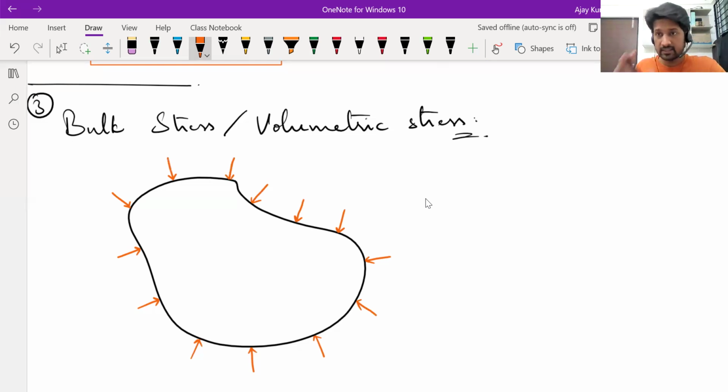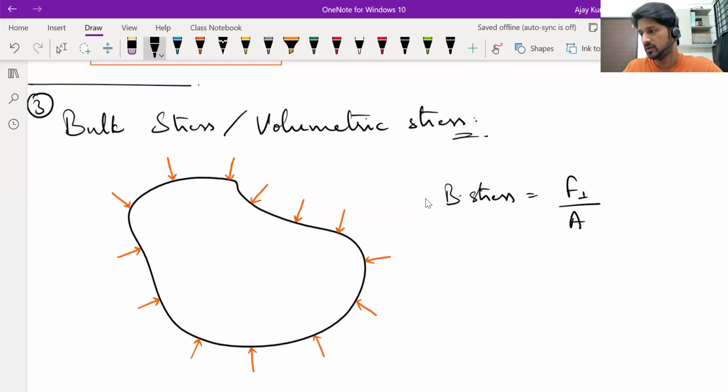Then this kind of stress is what you call volumetric stress. How do you calculate it? Bulk stress is again perpendicular force per unit area only. The formula appears similar to the longitudinal stress formula, but this area is not cross-sectional area, it is the surface area of the object.